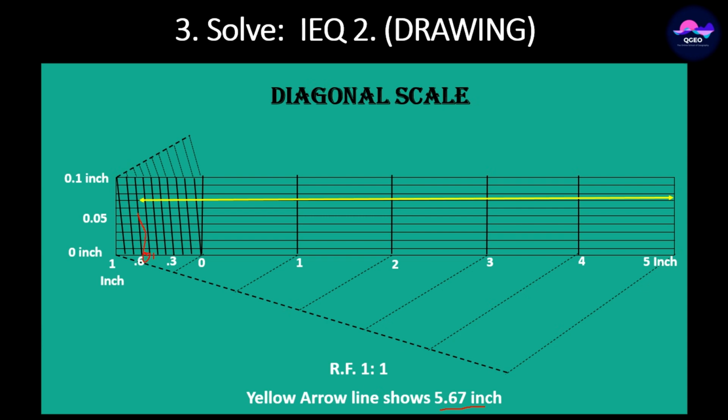Here the arrow marks represent the total length 5.67 inch. Here the 5 inch, from here primary division 5 inch, here the 6, and on the upper side you can take the length point.